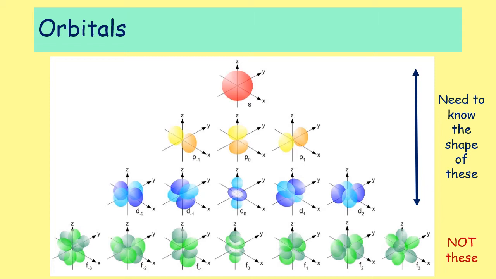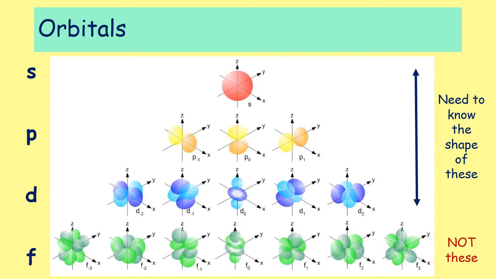So you don't need to worry about them, but just have a faint knowledge that they exist. So we're going to talk about the different types of orbitals in turn. We're going to start with the red ones, which are called s orbitals. Then we'll talk about the yellow ones, which are called p orbitals. And finally, we'll talk about the blue ones, which are called d orbitals.